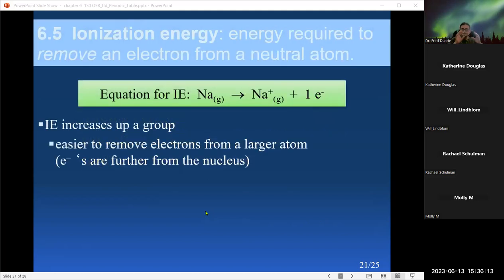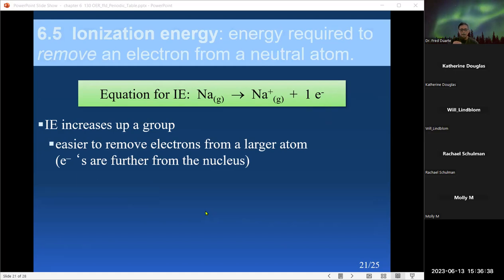Now, ionization energy. What we're doing here is measuring the amount of energy it takes to remove an electron from a neutral atom. These atoms have electrons around them, and there is a way to remove an electron, and we can measure that energy.